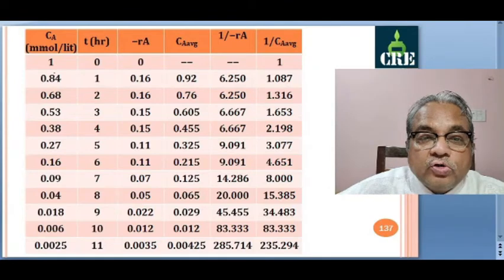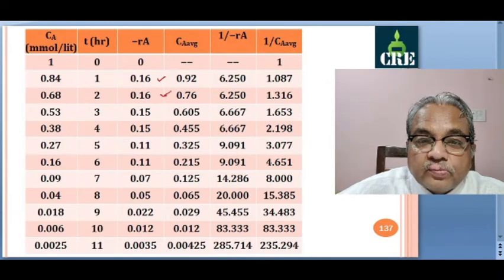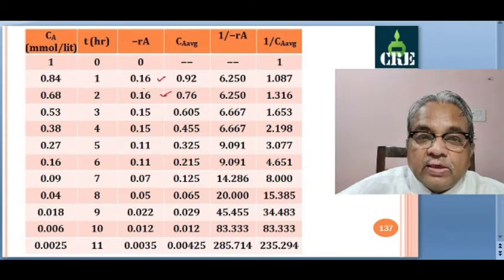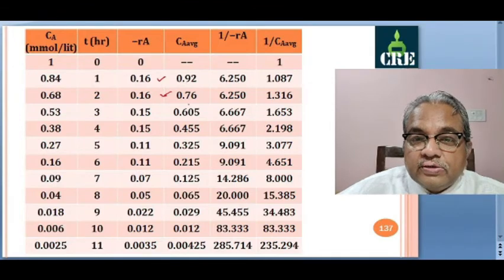So for two consecutive points dCA by dt you find out this value, next two consecutive points you get this value, and so on. Corresponding value of Ca average is average values of this Ca. So 1.84 by 2, like that. All consecutive values of minus Ra, that is minus dCA by dt, and Ca average value.